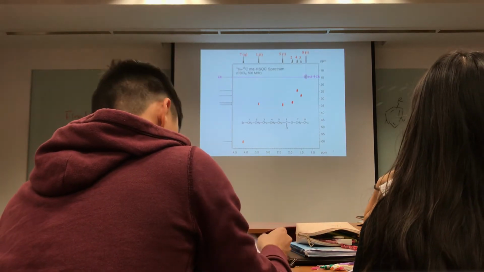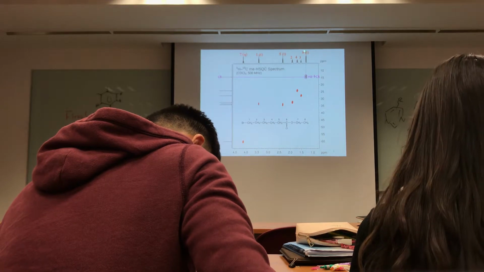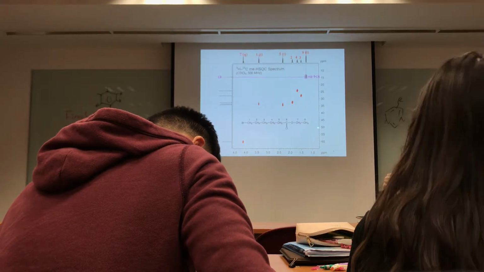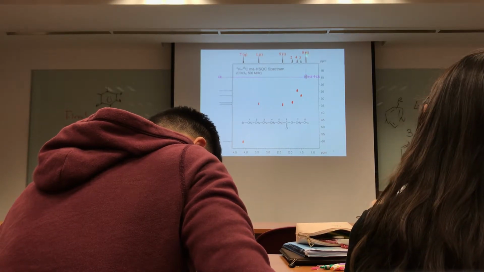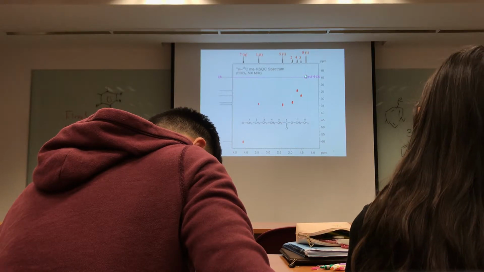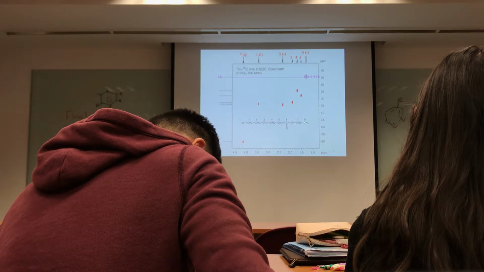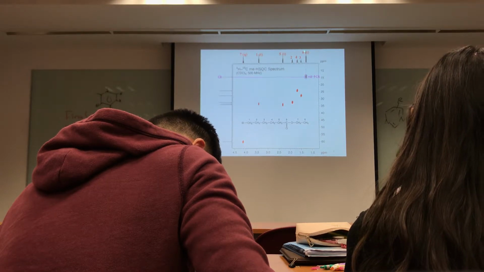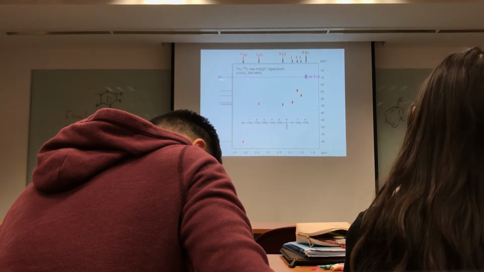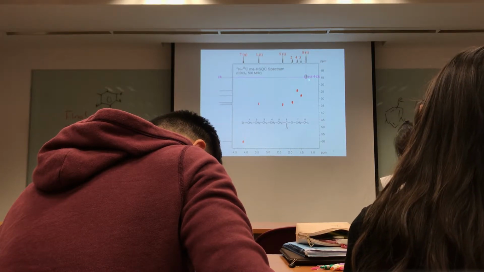From the top, this is proton 8. This is the methyl group. It shows correlation to this carbon. That means this carbon signal is carbon 8. Proton 8 is on carbon 8. They show one correlation.